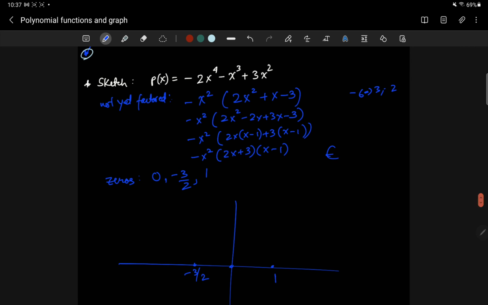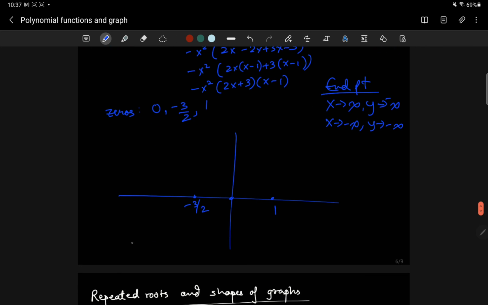Now, for the end behavior, I have an even power, so they are similar in their behavior, but there's a negative sign, so it goes to negative infinity. So both go to negative infinity, which means they are both over here. Now in this case, we're going to go through this, we're going to come back here, but here we're not going to go through, we're actually going to turn and get that kind of a shape.